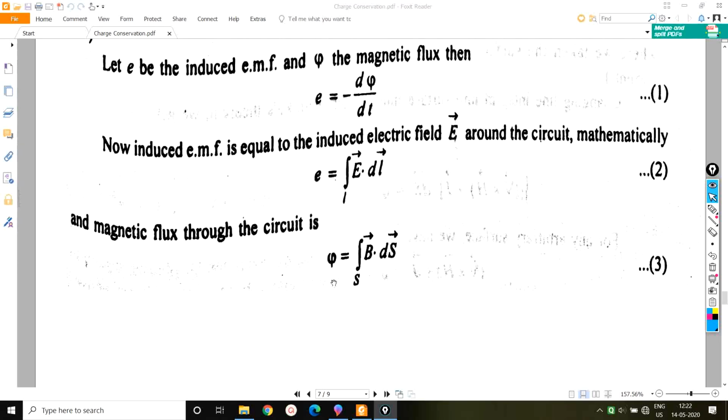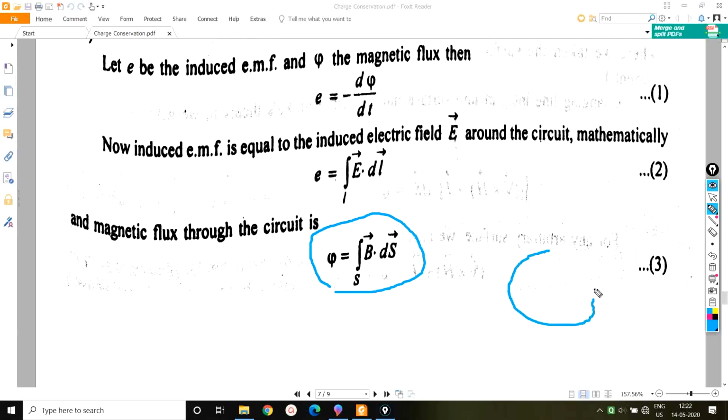The magnetic flux is given by the surface integration of B dot ds. This magnetic flux expression also comes from your class 12. B dot ds represents magnetic flux for the entire surface.